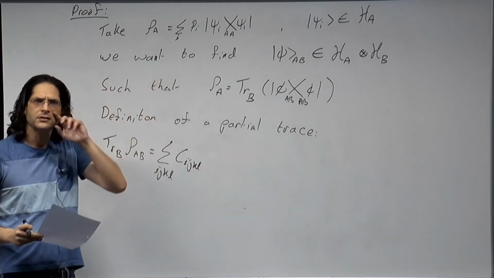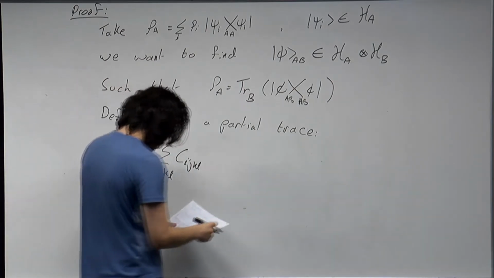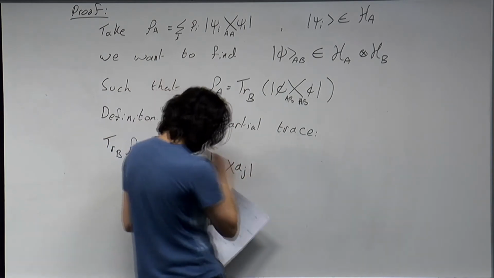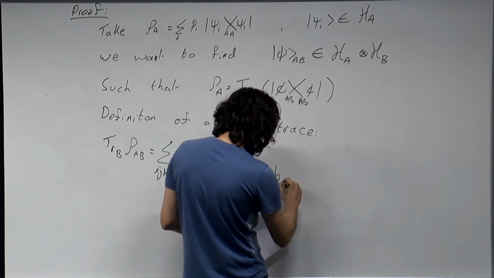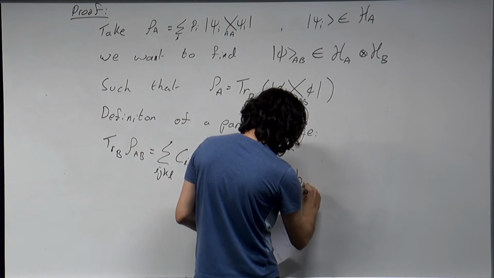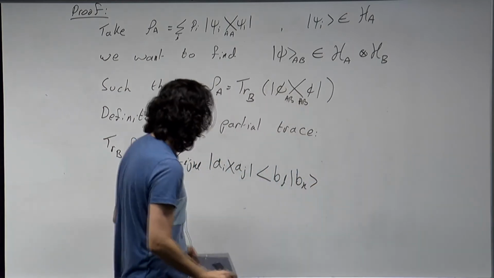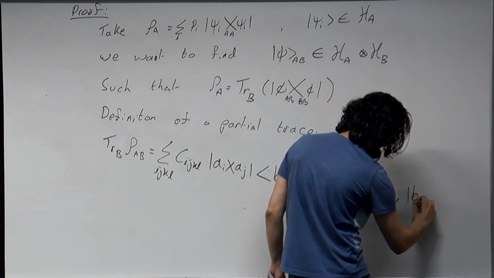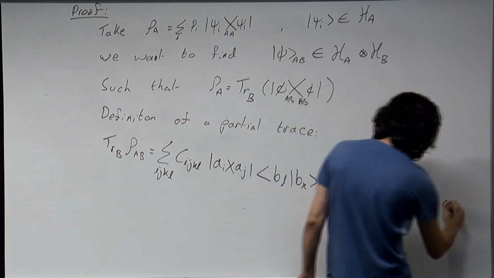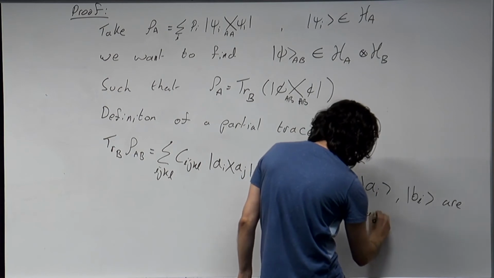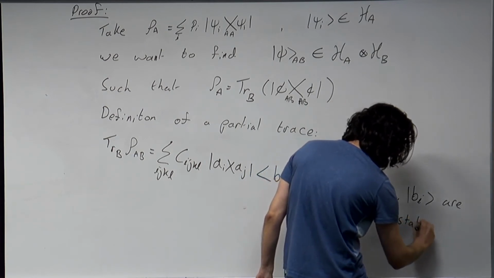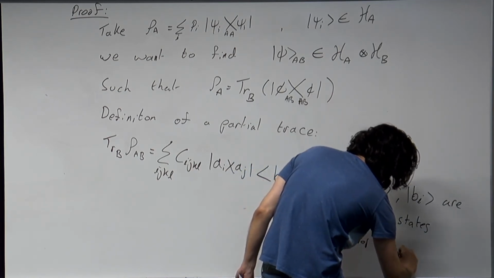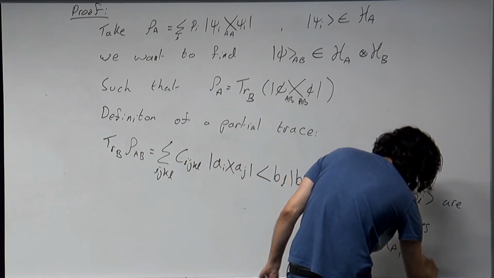Those are just the coefficients, the numbers in the matrix itself. |a_i⟩, ⟨a_j|, |b_l⟩, ⟨b_k|. Where a_i and b_i are basis states for H_A and H_B.